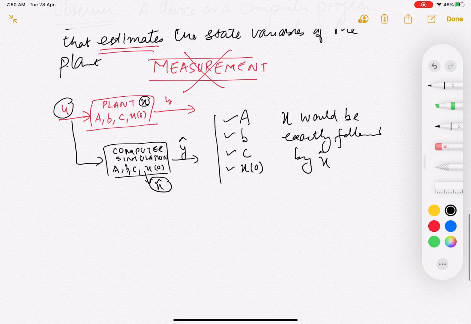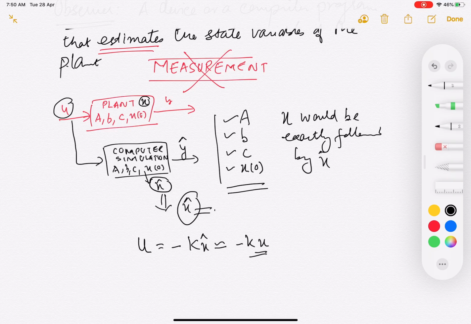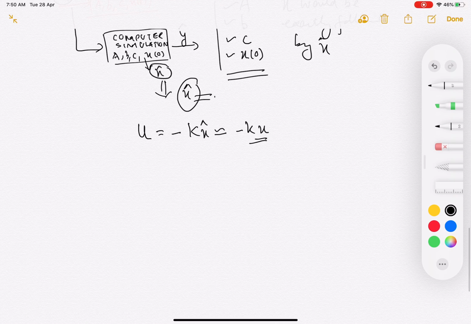Then you can use this X hat, because X is not available for measurement, but X hat is in your control. It's a computer program, so you know at all times what X hat is. So you can use X hat to make the state feedback law U = -K X hat, and this will be almost equal to -Kx, because the program and the ABC matrices are the same.